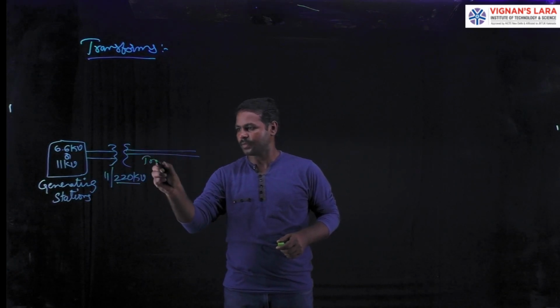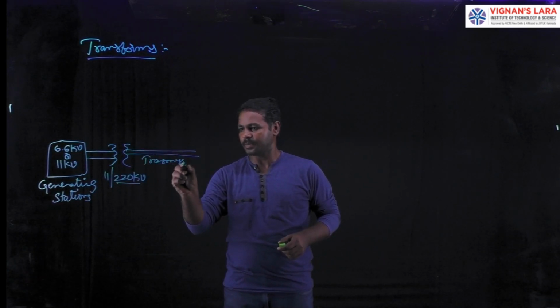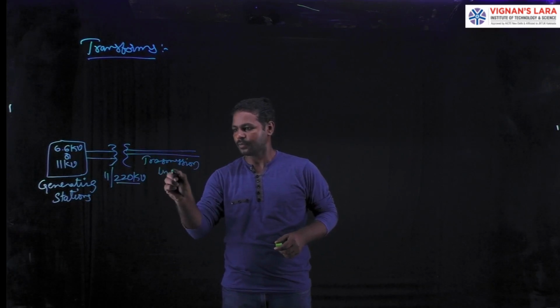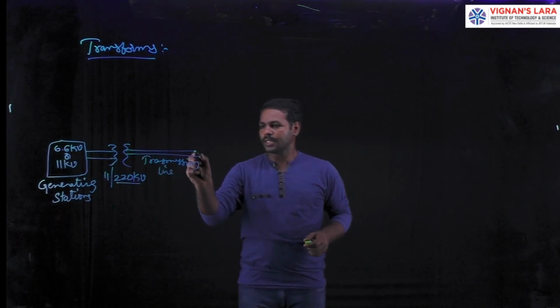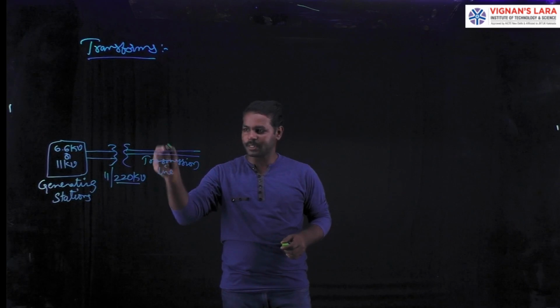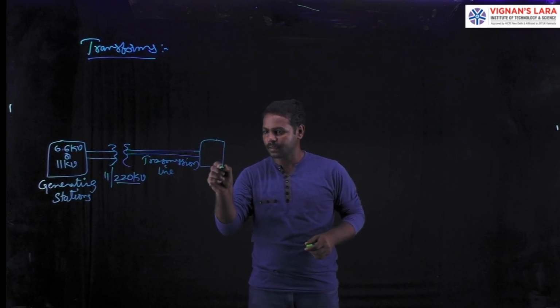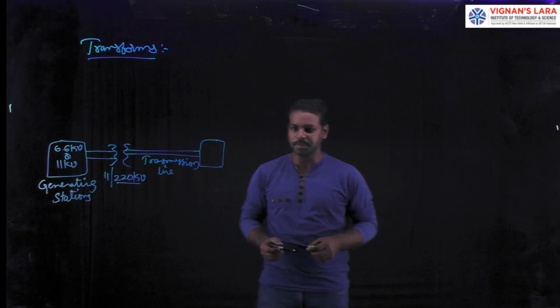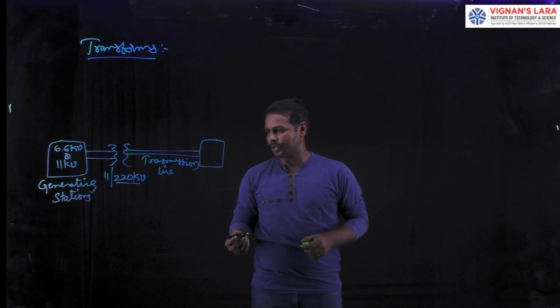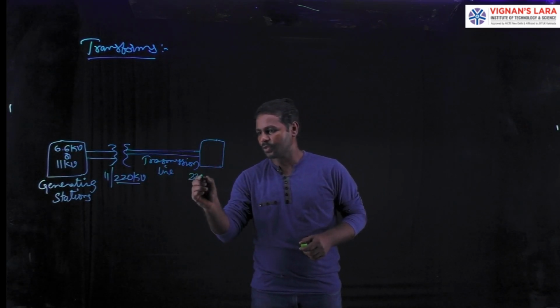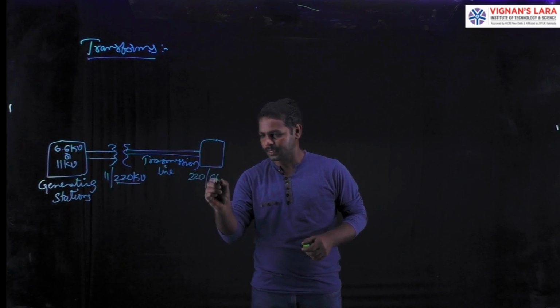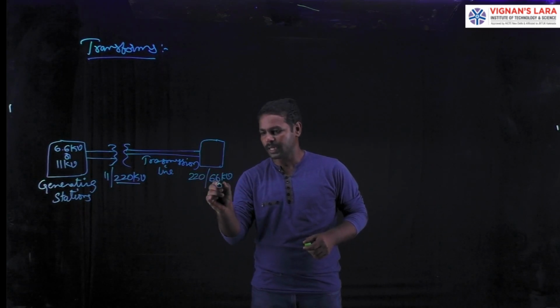These are the transmission lines, which have some losses. At the receiving end there is another substation, which is 220 kV divided by either 66 kV or 33 kV.